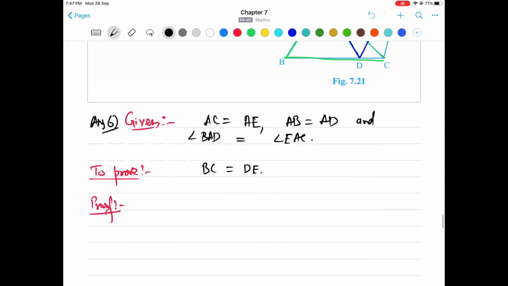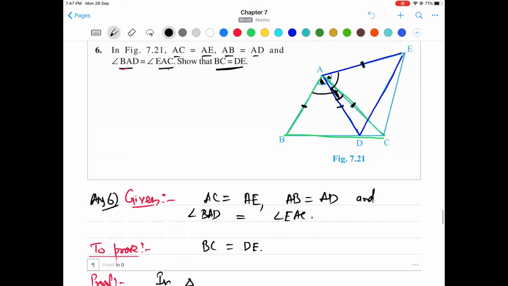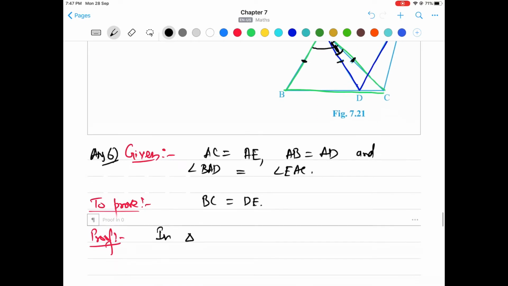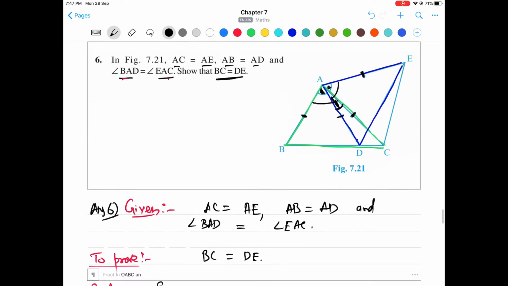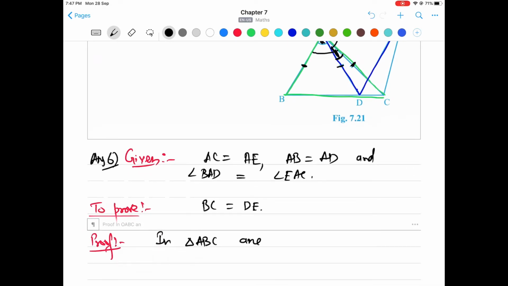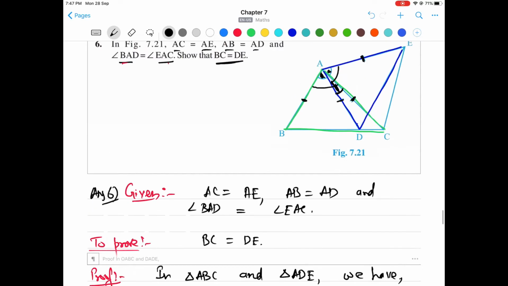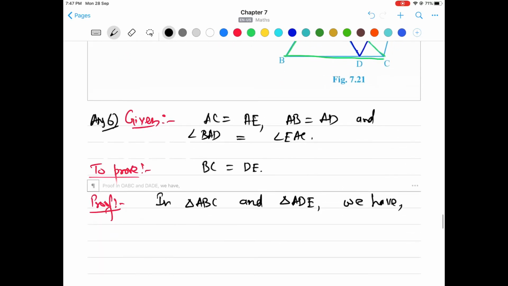Okay, so we'll write it as, in triangles, so we have two triangles which are ABC and triangle ADE. What we have here is the side AB is equal to AD.